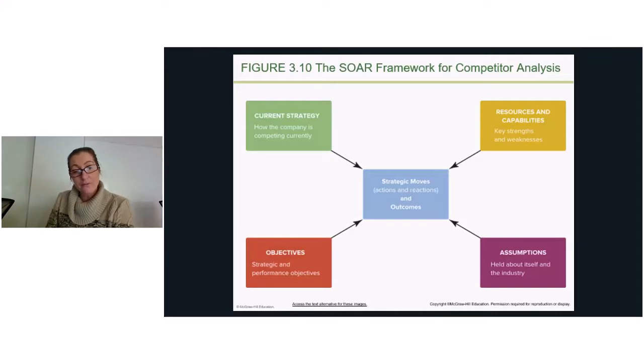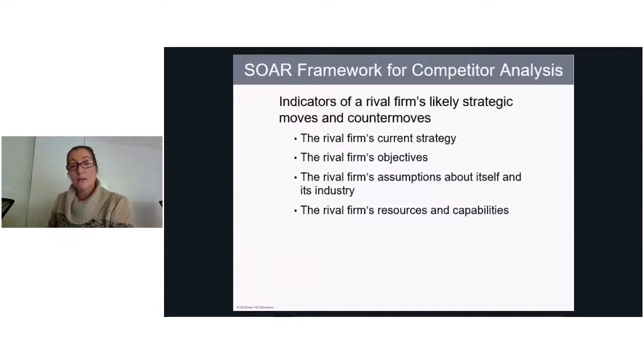What are their objectives? We can figure this out. What assumptions does this competitor hold about the industry? And what resources and capabilities do they bring to the table? And by analysing these things via the SAW framework, we can identify maybe which way the organisation is going to move.